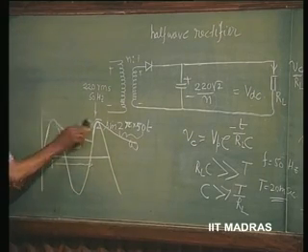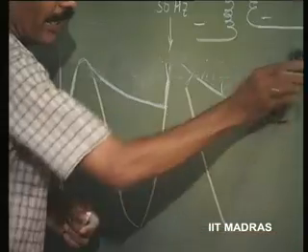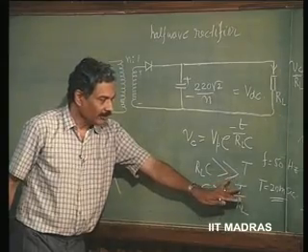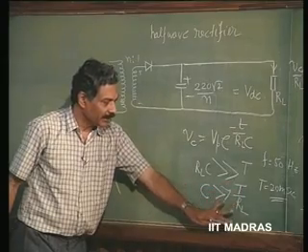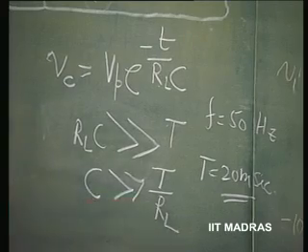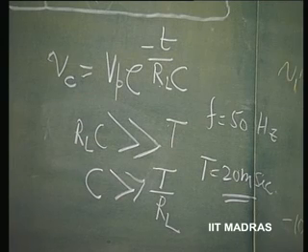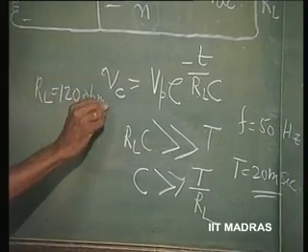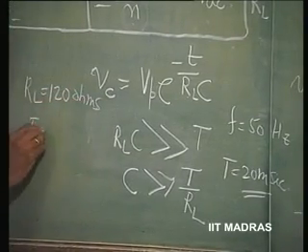So, let us now see a situation where I have done my design very nicely, taking care to see that with T equal to 20 milliseconds and RL equal to 120 ohms, C is made much greater than whatever I get there. For that, RL is equal to 120 ohms, T is 20 milliseconds.